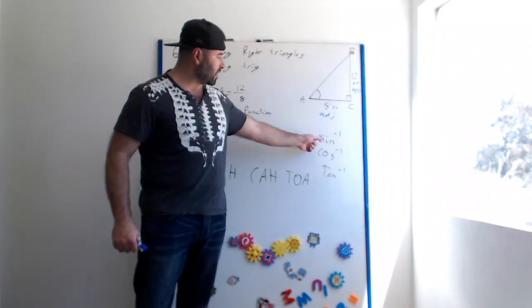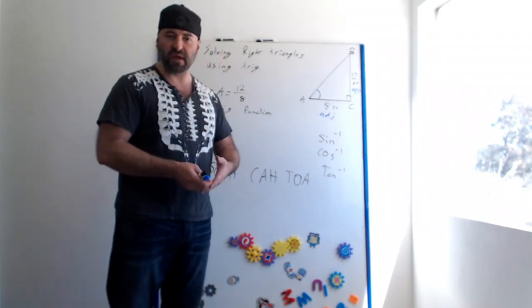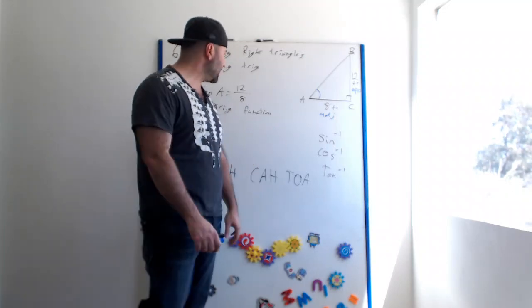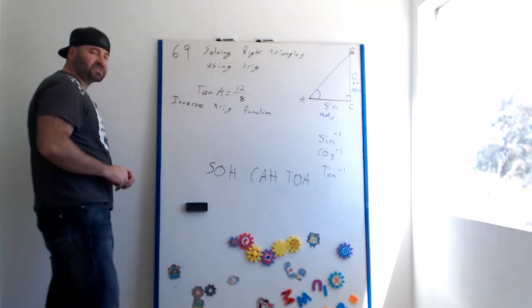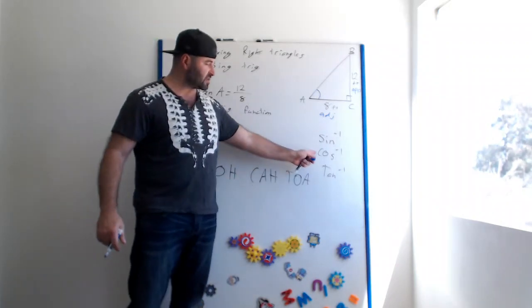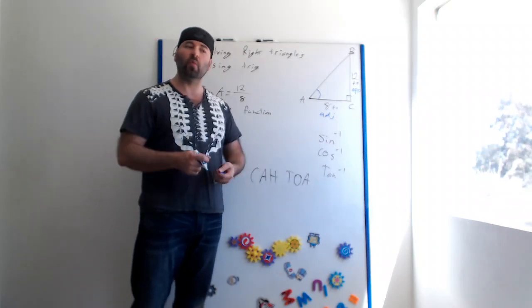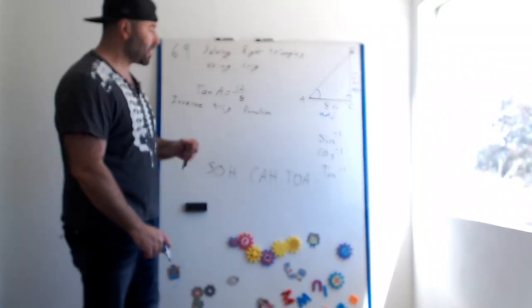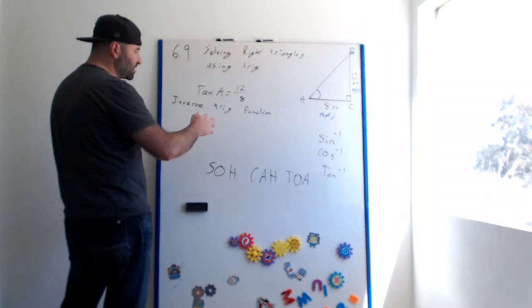These are what we call the inverse trig functions, and they're kind of like multiplication and division. They're just opposites of one another. They help you cancel out an operation. So in this particular case, since it is the tangent, I want to use the inverse tangent. Very important part: inverse trig functions are used when you need to find the angle measure of a problem. So for the second part, we're going to be using the inverse trig functions a lot.